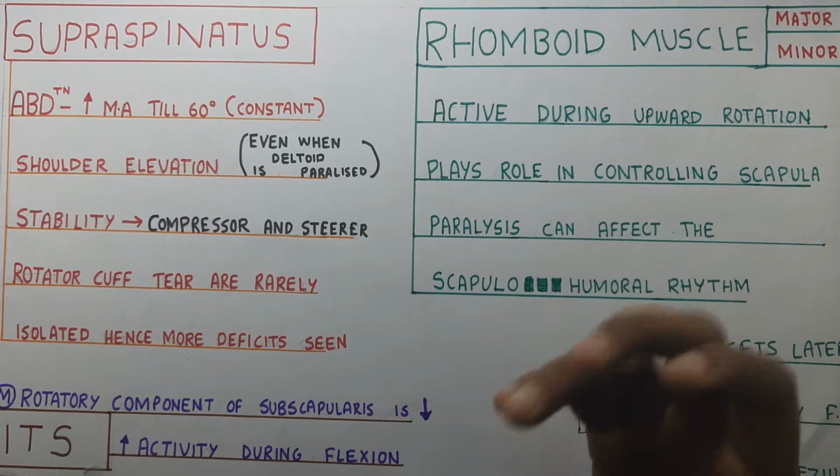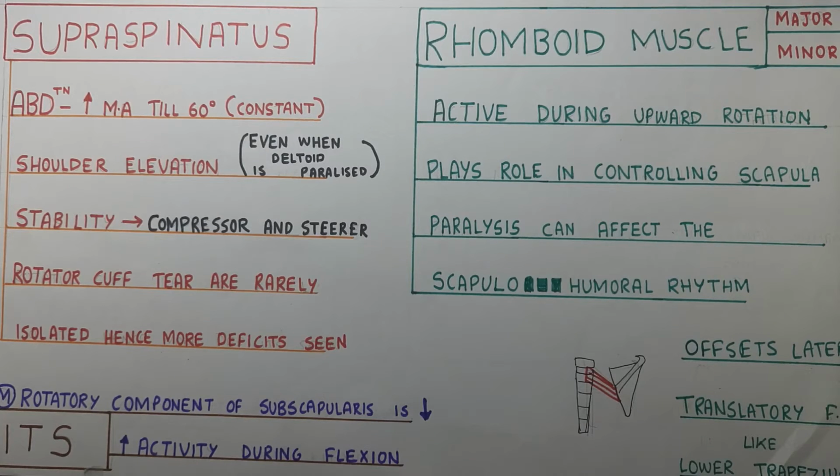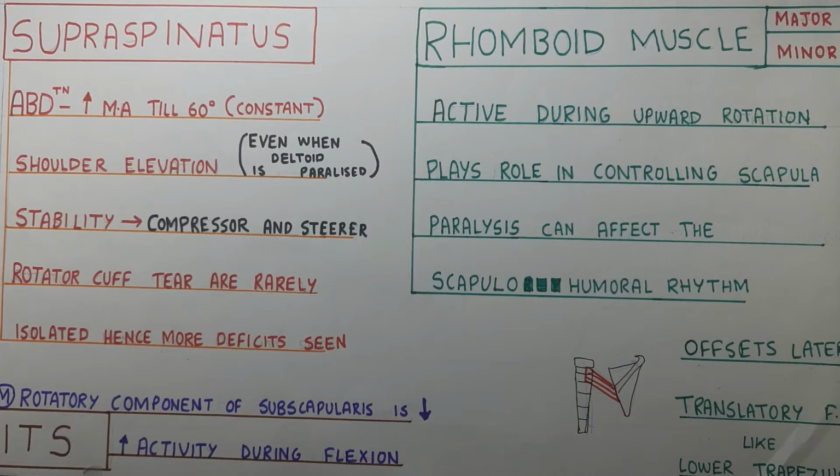During the elevation, the activity of subscapularis is kind of dim, and your ITS, that is the rotator cuff muscles, they have a very high activity during flexion. Your rotator cuff muscles have a very high activity during flexion as compared to during an abduction movement. So that is something you can keep in mind, that during flexion the rotator cuff activates more compared to abduction.